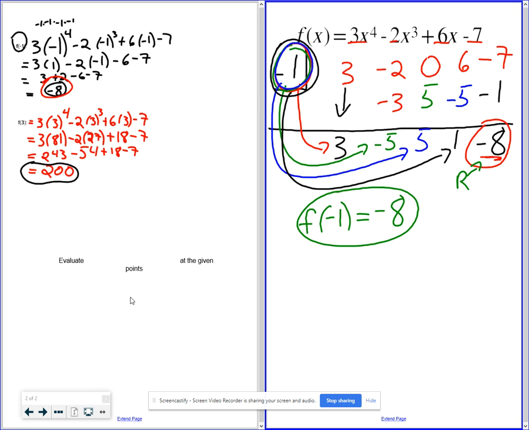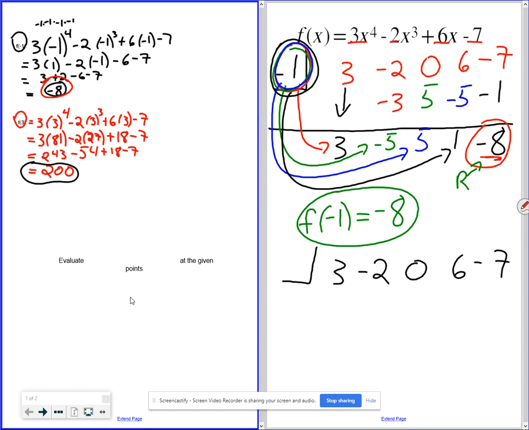Let's go ahead and try this with the next problem. So this time we have the exact same setup because we have the exact same coefficients. So we'll have 3, -2, 0, 6, -7. But this time, instead of plugging in a -1, we'll plug in our 3.